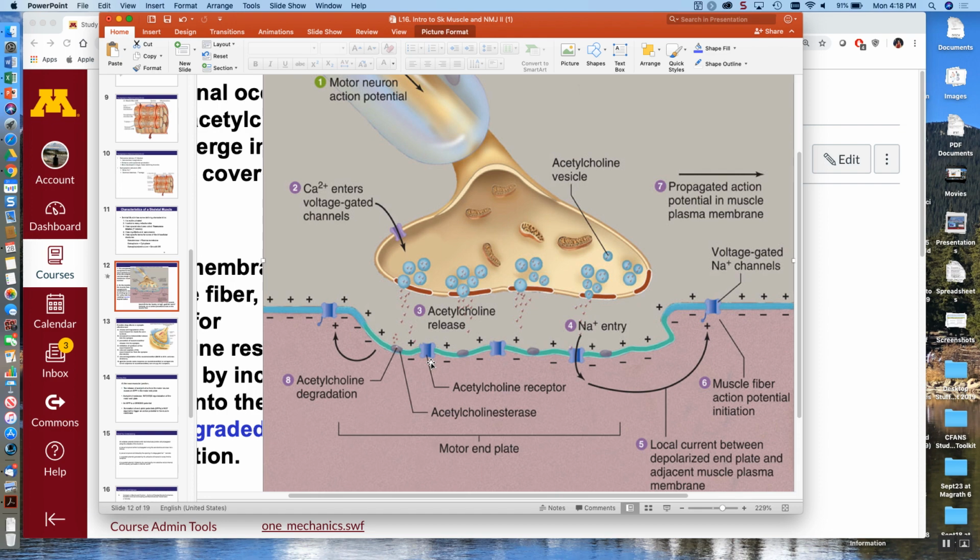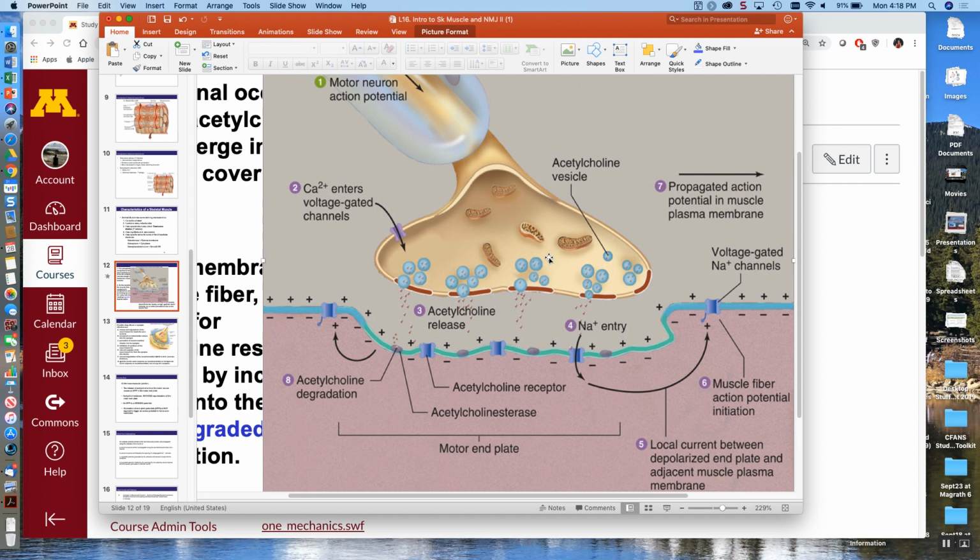All right, so how do muscles relax? How do muscles relax? Remember, you have acetylcholine esterase that is in the synaptic cleft. That's going to break acetylcholine down into acetic acid and choline. And then it's taken back up into the cell.